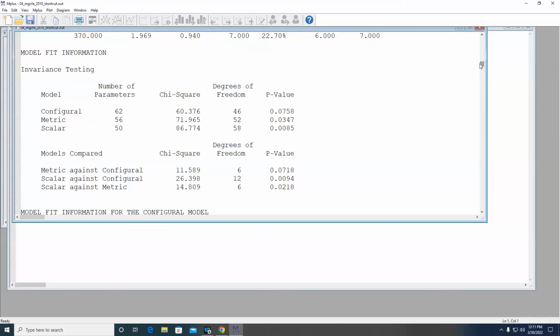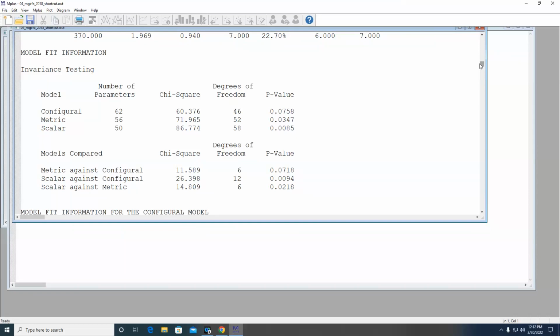We're okay there, right? You can think about these as going along a path: the least constrained would have been the configural, then we go to the metric, then to the partial metric, and then we go to the scalar model. Everybody see how we're making increasing sets of constraints on the parameters?